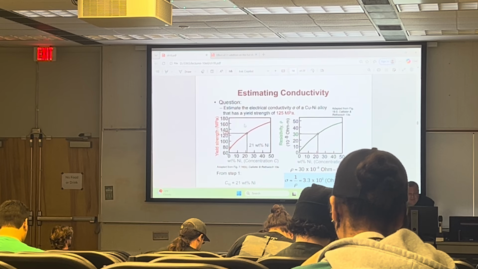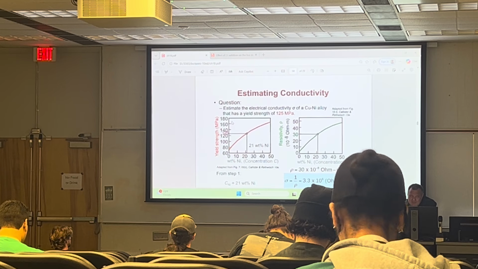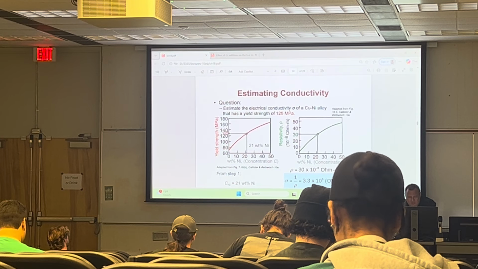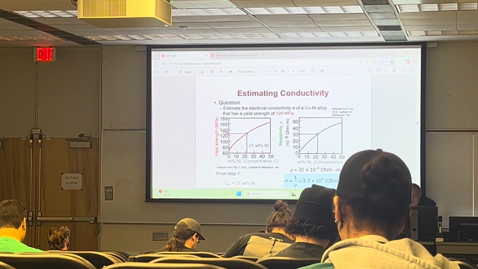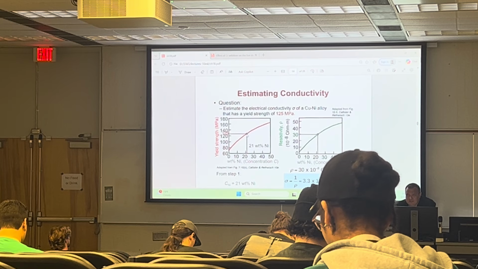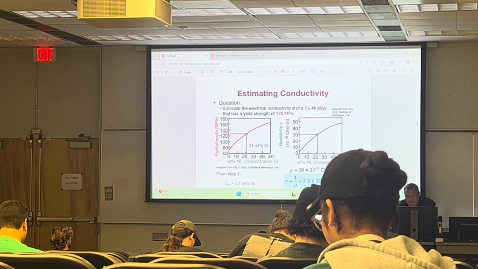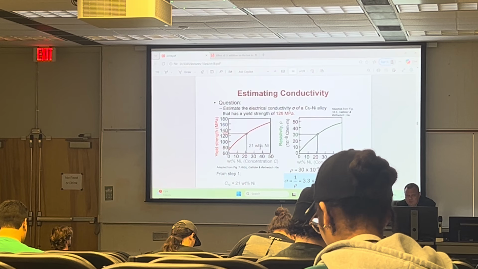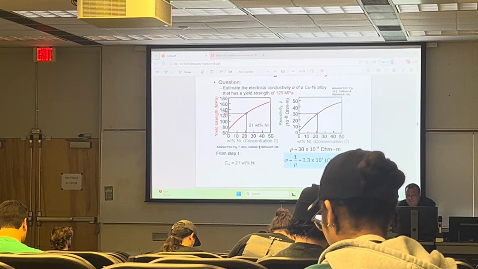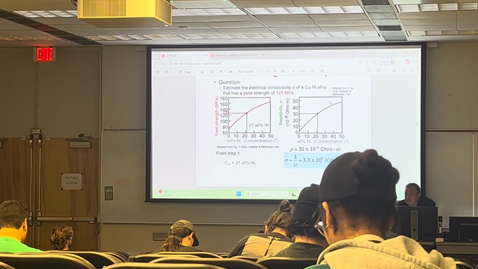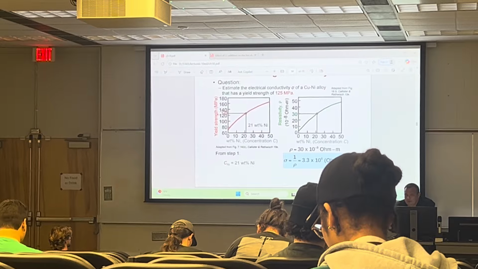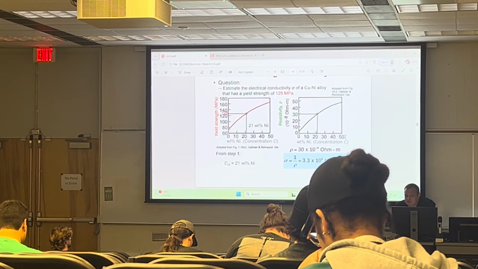Okay. Now, we have the plot that shows the yield strength versus nickel concentration. So we see 125, and to get 125 megapascal yield strength, the nickel concentration has to be 21 weight%. Then there's another plot that shows resistivity times 10 to the negative 8 ohm meter as a function of the concentration.